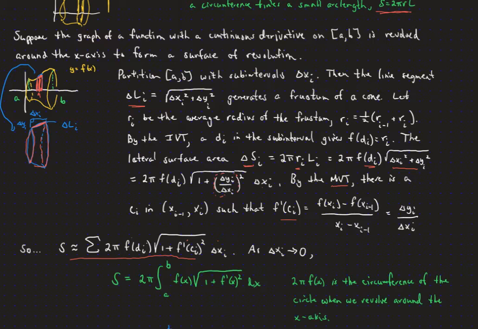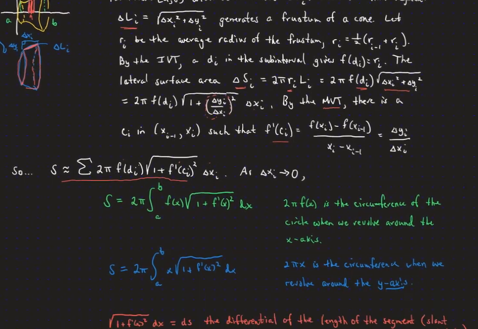That's an approximation, as long as we use a finite number of those delta x's. And then if we take the limit as delta x goes to 0, we can make that transition from a Riemann sum to an integral.